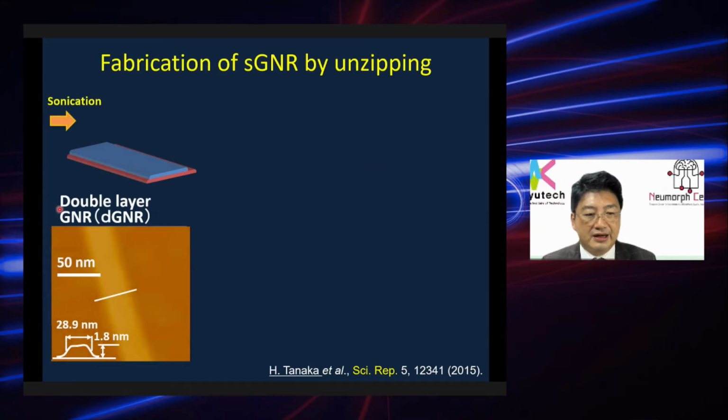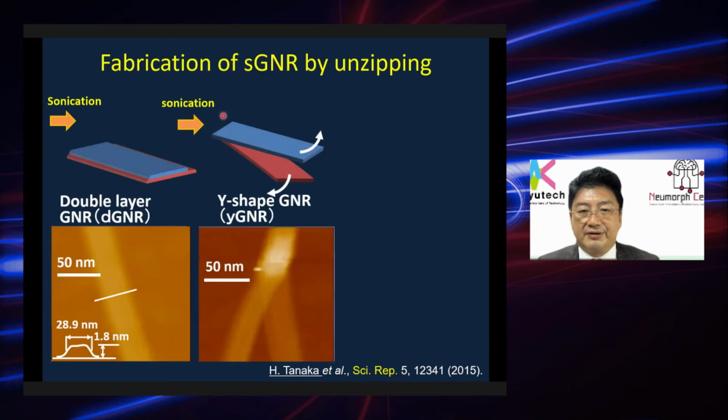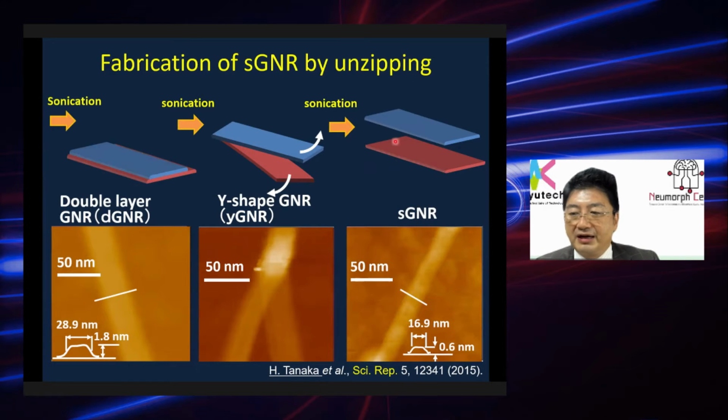And the AFM showed obviously we could obtain a double layer graphene nanoribbon. Then by continuing the sonication, we could get Y-shaped graphene, so one side of the 2 layers is peeled off like this. And then finally we could get all single layer graphene nanoribbon. So AFM showed an obvious graphene nanoribbon structure.